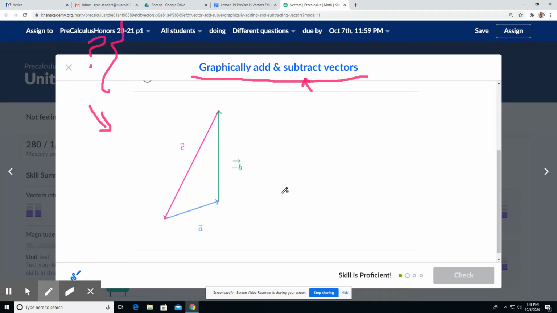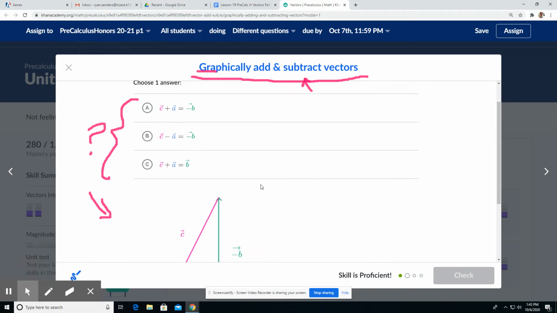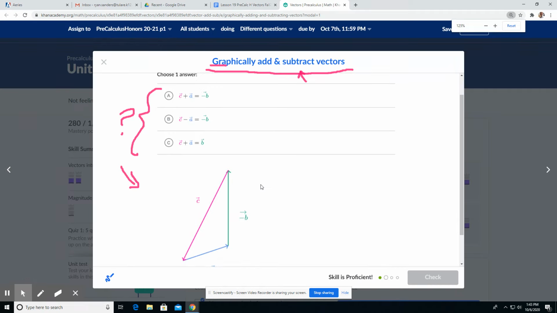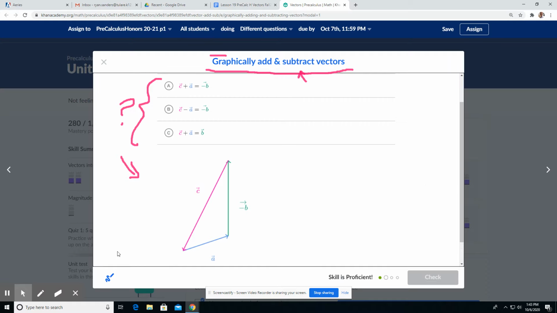Okay, so let's see what our options are and how those might fit. I'm going to zoom out so I can see a little better. All right, let's see what each of these options are and how they would work.